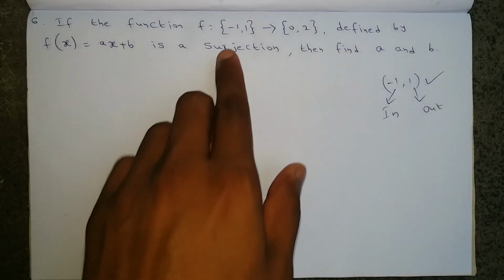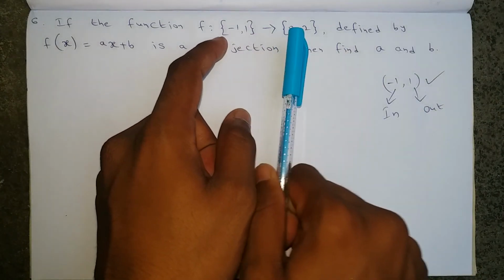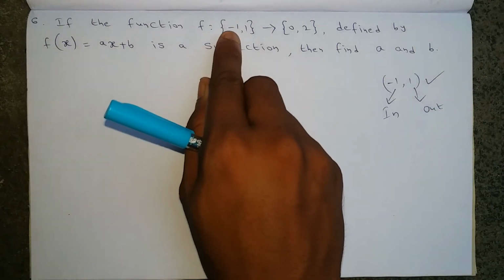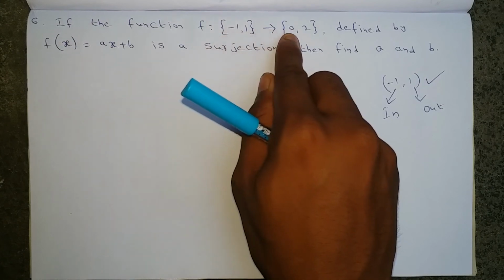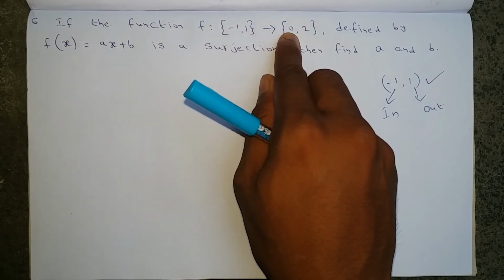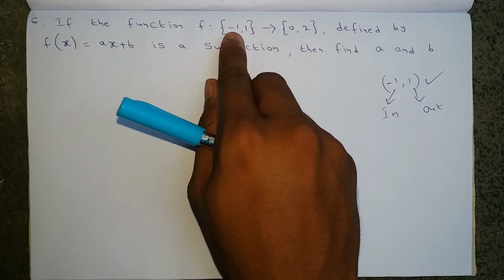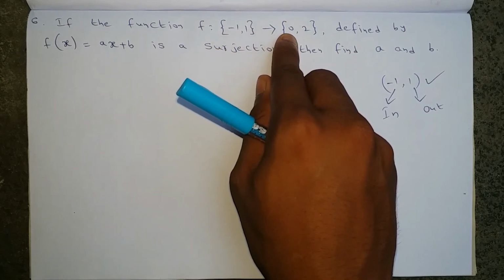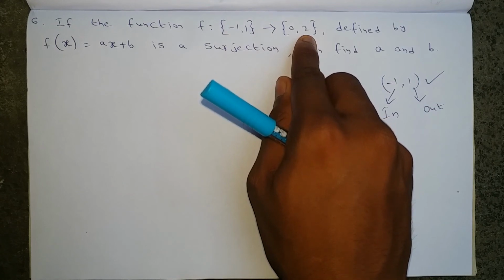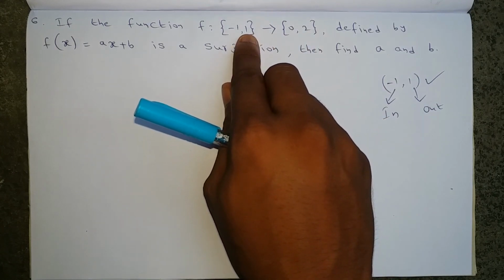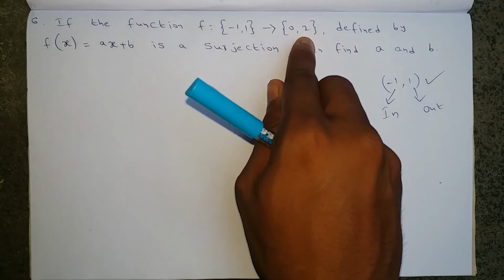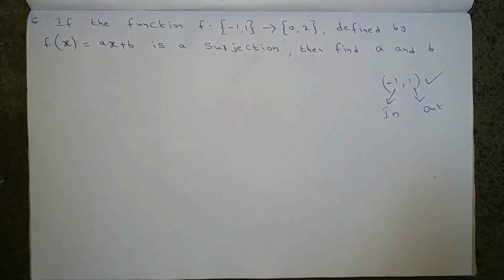But in this case, minus 1 comma 1 to 0 comma 2, we cannot say definitely that when we substituted minus 1 we got 0. When we substituted minus 1 we may get 0 or we may get 2. When we substituted plus 1 we may get 0 or we may get 2, because these are not ordered pairs.